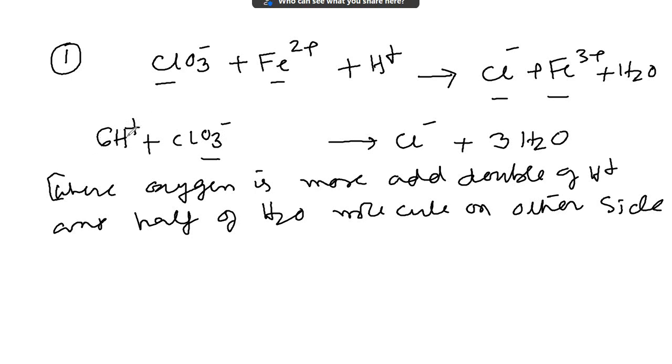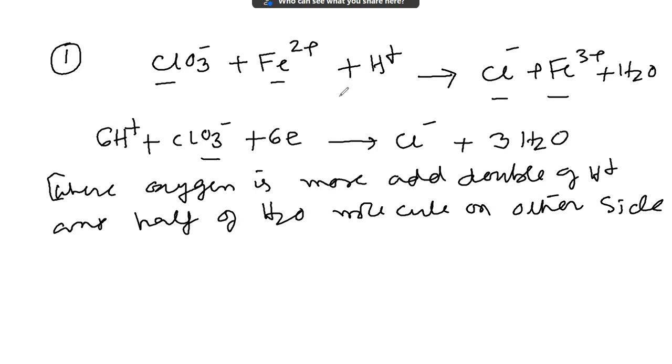Now let us look at the charge. 6 hydrogen, each having a charge of +1, gives +6. The other charge is -1, so the total charge on the left hand side is +5. On the right it is -1. +5 changing to -1 is possible only if it accepts 6 electrons.